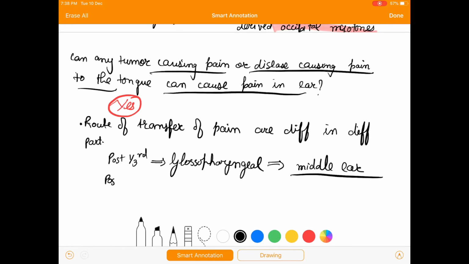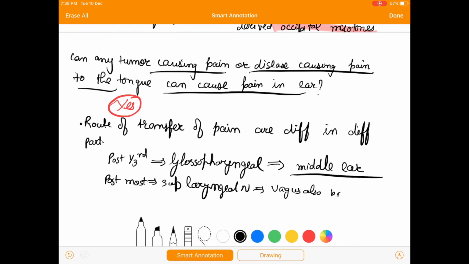The posterior most is supplied by superior laryngeal nerve. And it is a branch of vagus which also has a branch in ear.